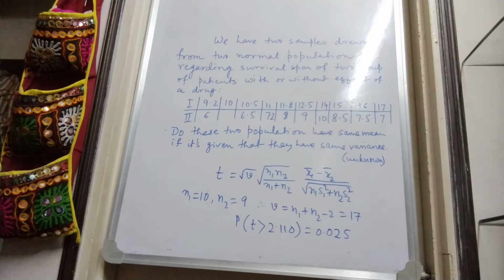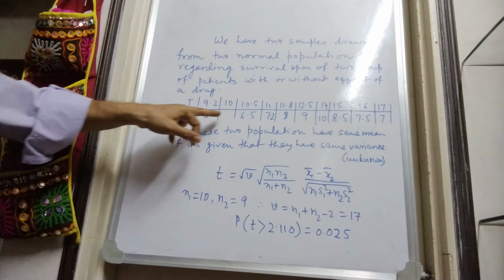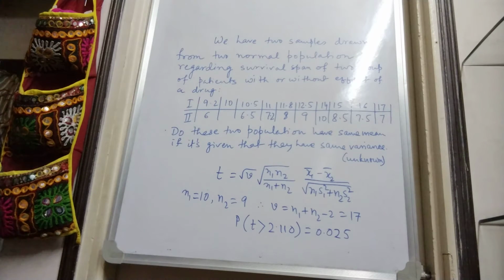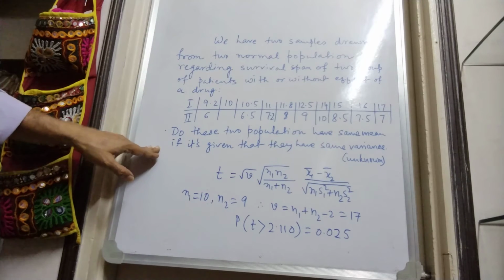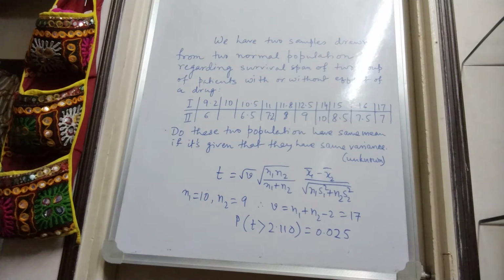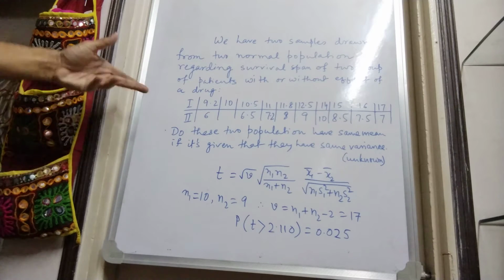And we should note that one of the data is missing in the second set. In this type of case, can we say that they have the same mean if it is given that they have the same variance? We do not know the variance, but it is given that they have the same variance.